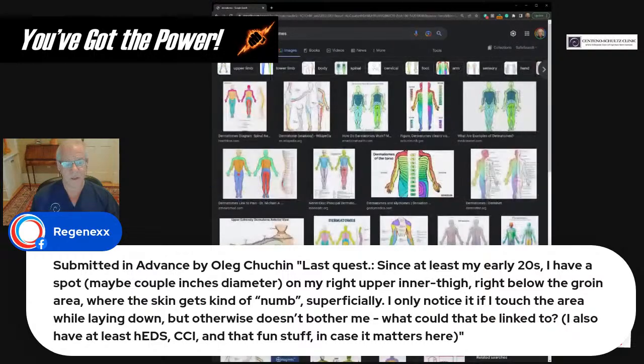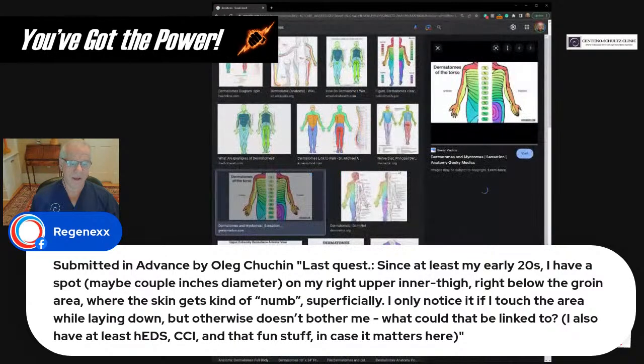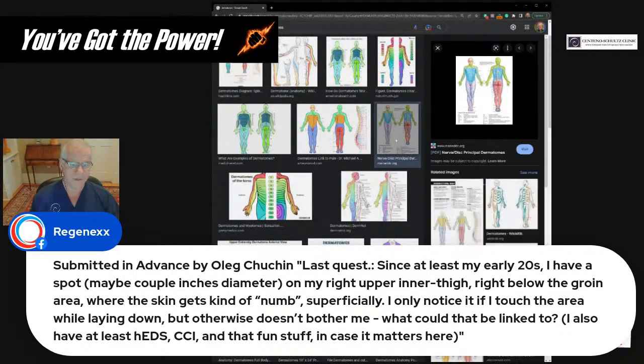Dermatomes are the areas of the skin that are innervated by the spinal nerves. Now, regrettably, these are little pictures for you guys to see, so maybe I'll copy one and put it in a presentation so we can make it bigger here. Well, that didn't work.